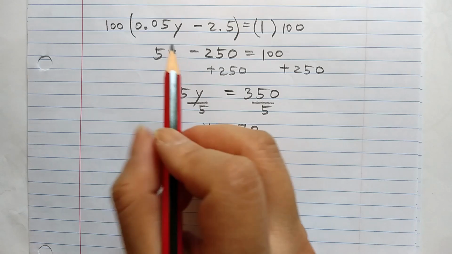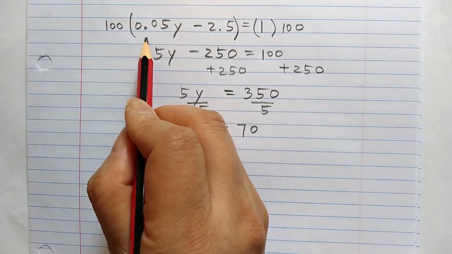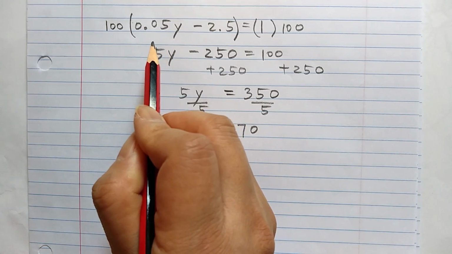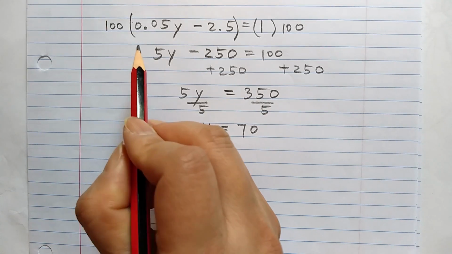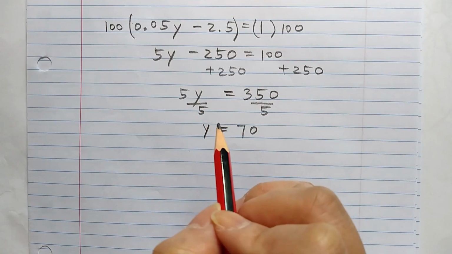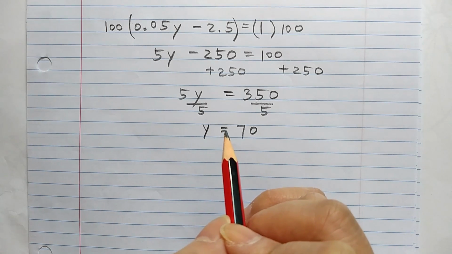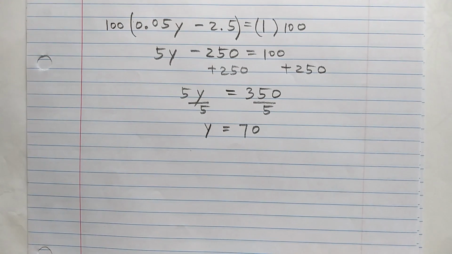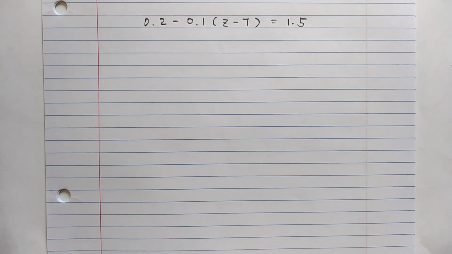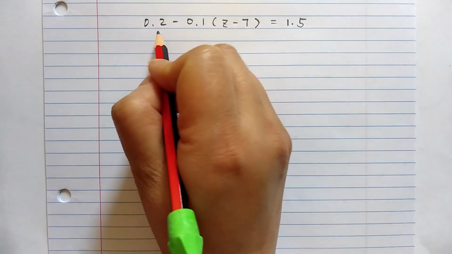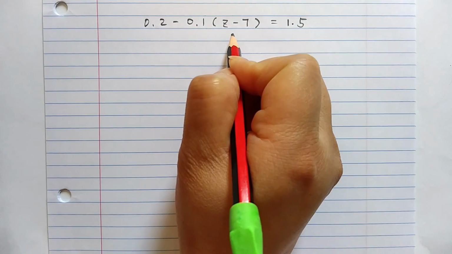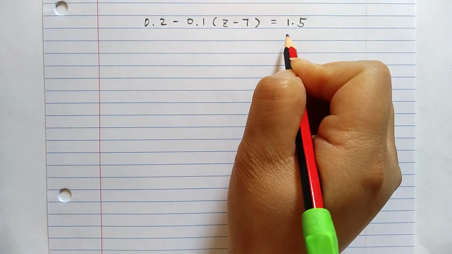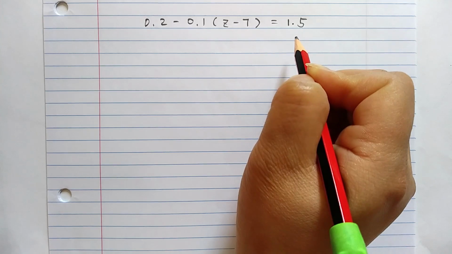Those of you who need to review how to multiply these decimals by multiples of 10, which is 100, 1,000, 10,000, you can review the videos about how to multiply decimals. 0.2 minus 0.1 times z minus 7 is equal to 1.5.